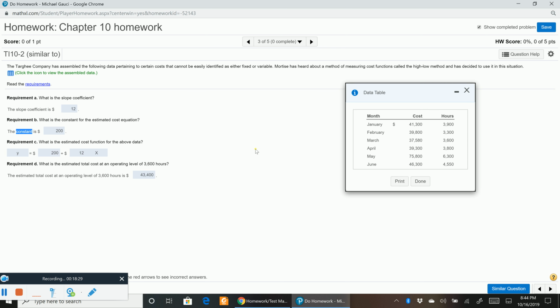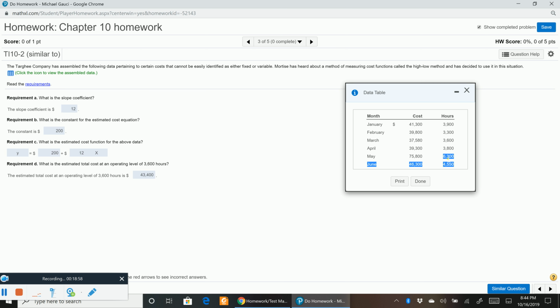And so now that we know the variable cost per unit is $12 per unit, let's take the high level as an example. If I know I have 6,300 hours, and I know that my variable cost is $12 per hour, so 6,300 times 12, that gives you 75,600.